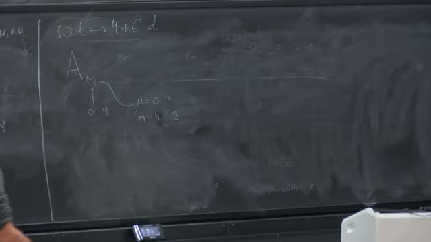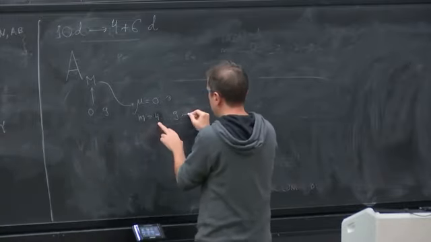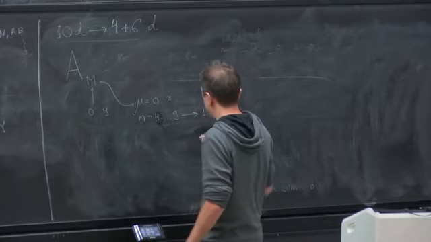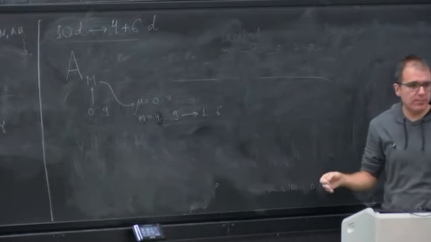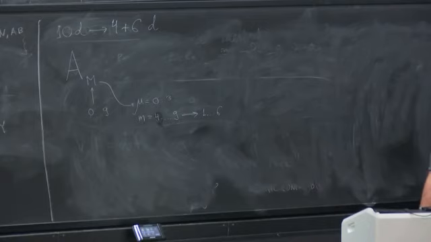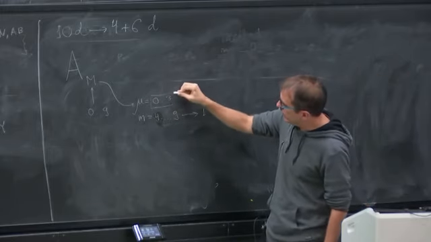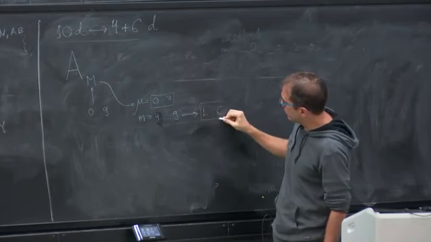But 4 up to 9 is a bit annoying, so I relabel and say this goes from 1 to 6. I just shift the indices by 3, so 4 is 1, etc., 9 is 6. And so we can split the index M into an index μ that runs from 0 to 3, and an index m that runs from 1 to 6.